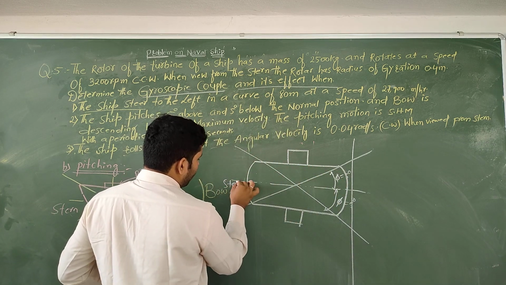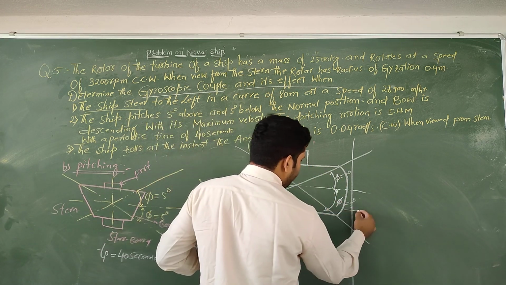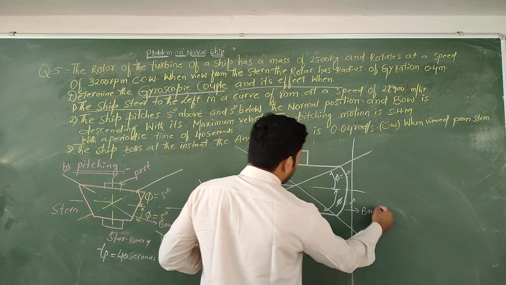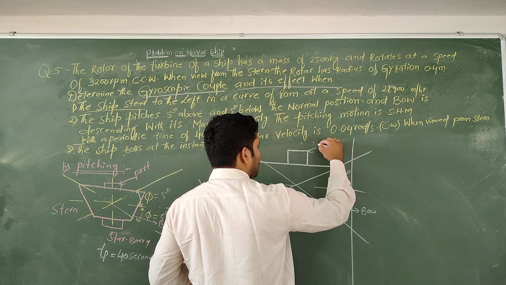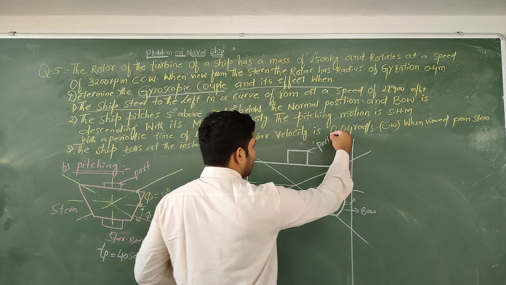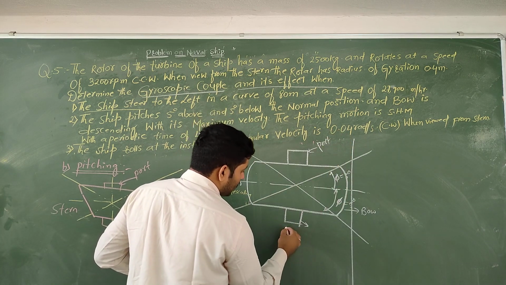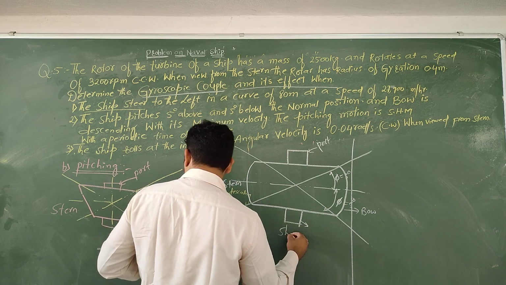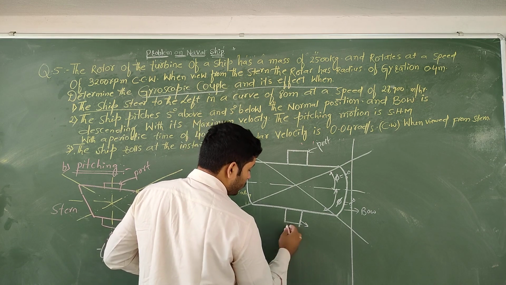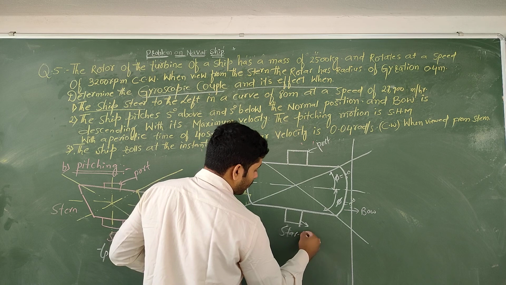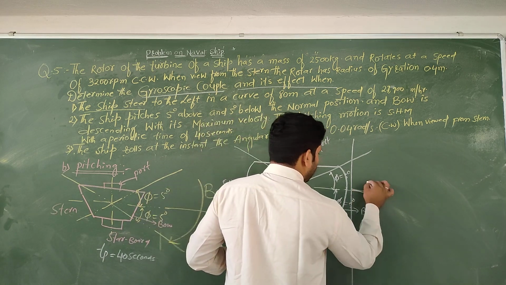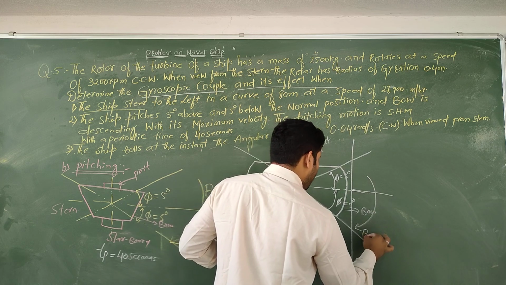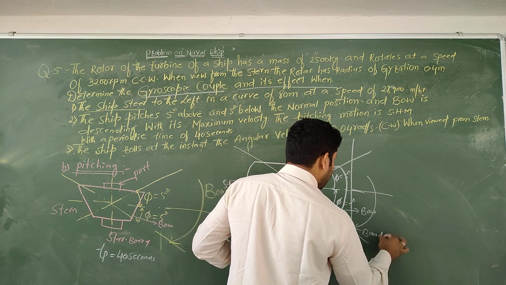The rear end we can say as stern, the front end we can say as bow, the left hand side of the ship we can say as port, and the right hand side of the ship we can say as starboard. The bow is descending.